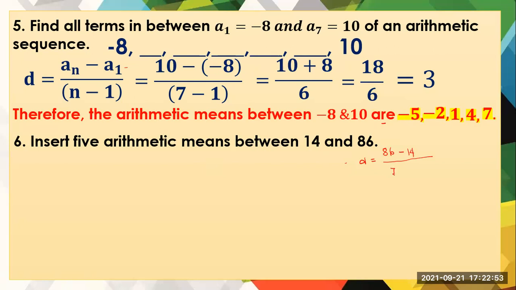So your d is equal to 86 minus 14, which is 72, over 6. 72 divided by 6 is 12. So your common difference is 12.